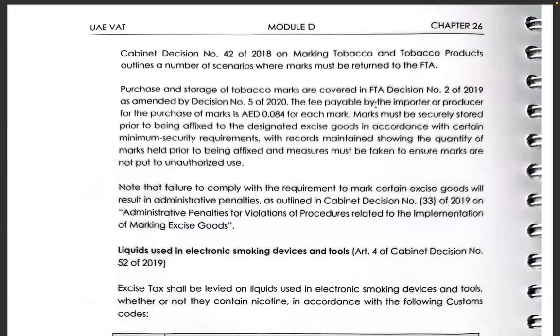The fee payable by the importer or producer for the purchase of marks is AED 0.084 for each mark. So each mark costs 0.084 AED.